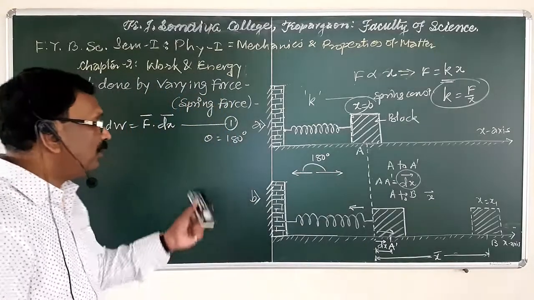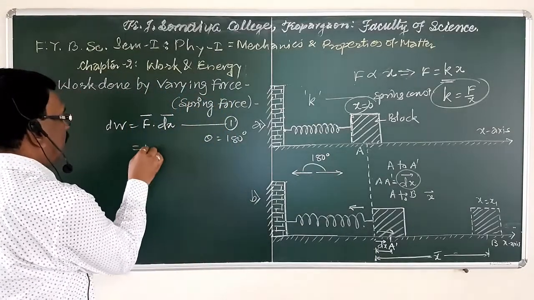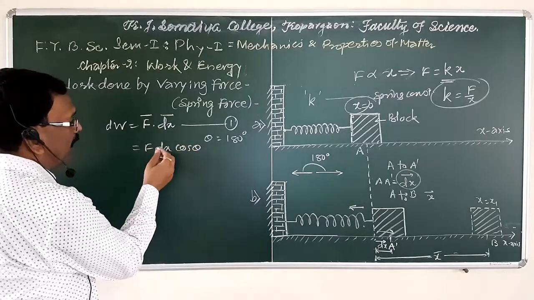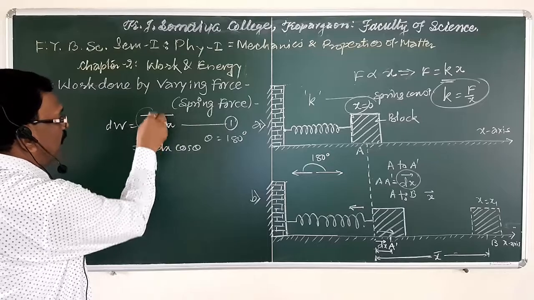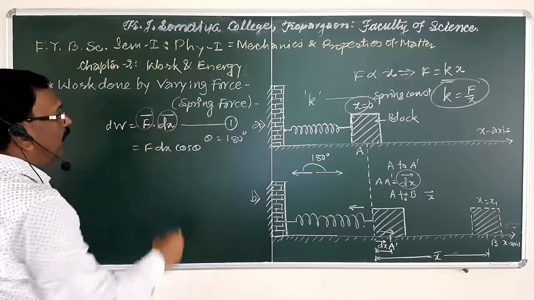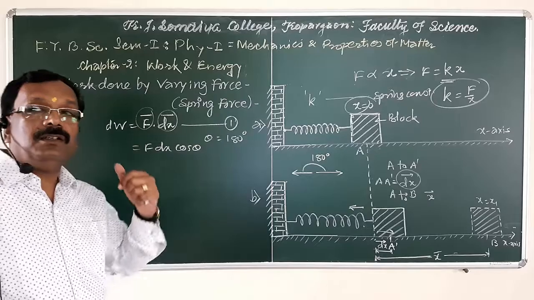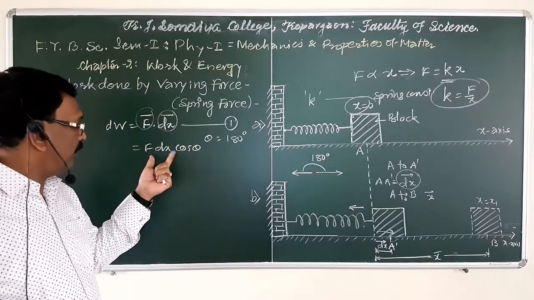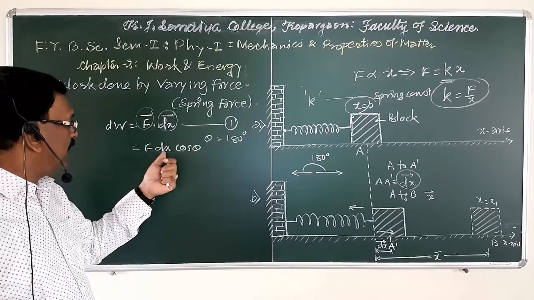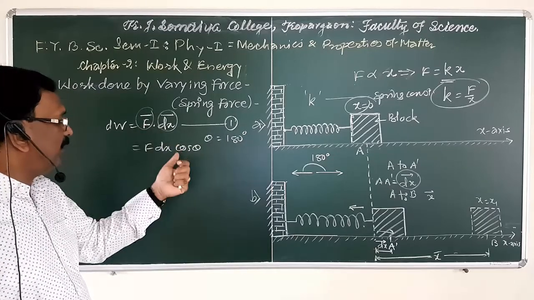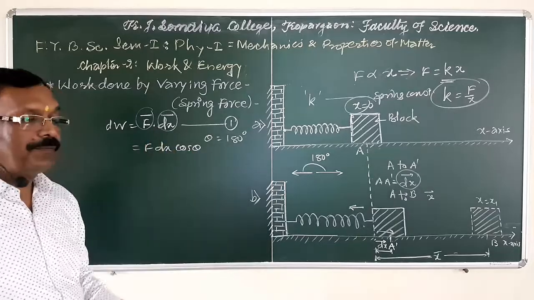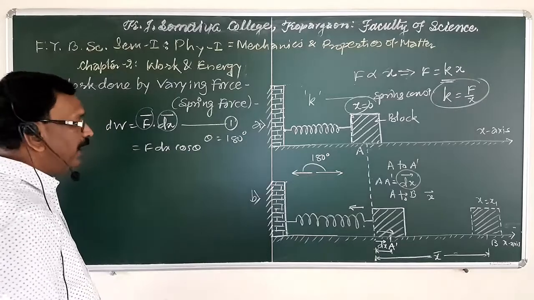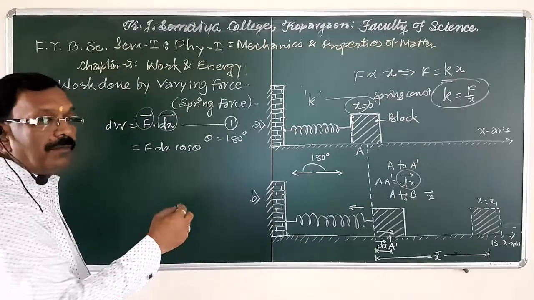ओके. आणि म्हणून जर 180 असेल तर आपण लिहितो इथं F dx cos theta. आता हे असं का लिहिलं आपण, because here this is the vector quantity, this is also vector quantity, and when we take the scalar or dot product of two vector quantities, it is like this: F dx cos theta, where F and dx are the magnitude of force and displacement and theta is the angle between them. पण आता थीटा डिरेक्शन एकमेकाच्या अपोजिट आहे, म्हणून थीटा 180. cos 180 म्हणजेच -1.